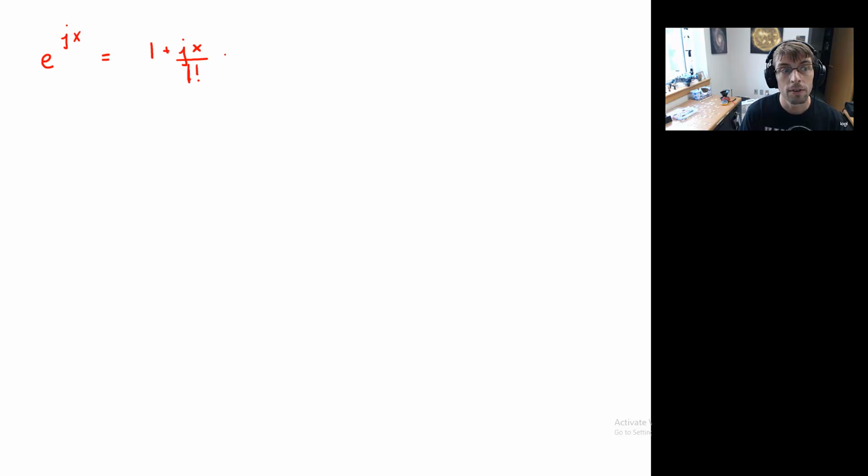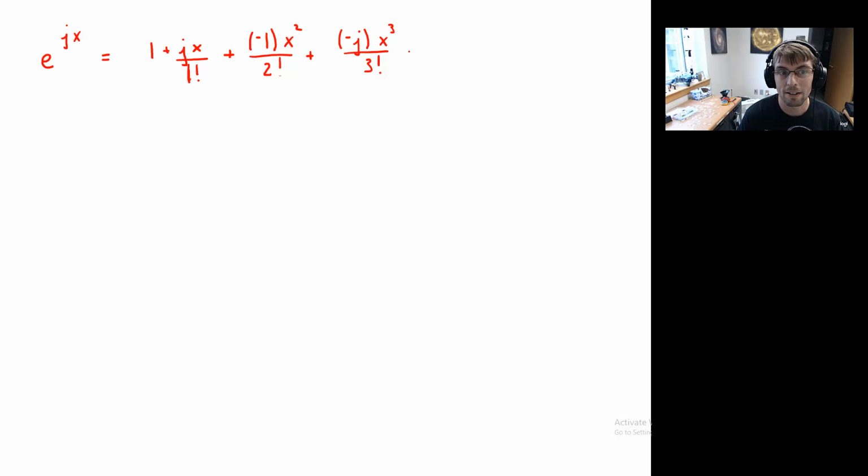Then plus the second derivative evaluated at x naught times x squared over 2 factorial, plus the third derivative evaluated at x naught times x to the third over 3 factorial.